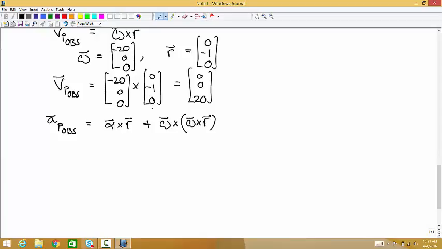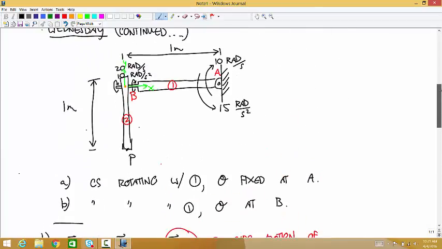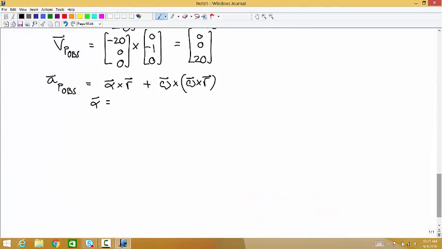Okay, we already have omega and r. What's alpha? That's right. That's in the same direction as the angular velocity. So that's negative 10, 0, 0.